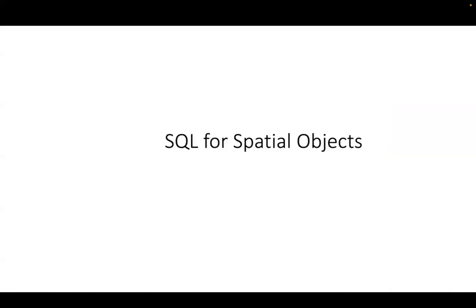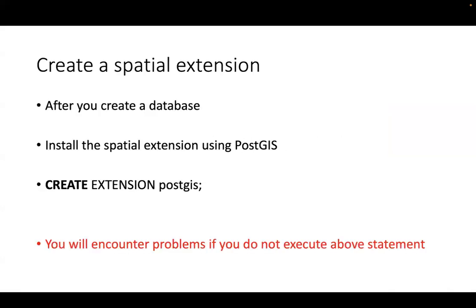Now let us see how we can use SQL to create spatial objects. First, the Postgres database by default does not support spatial queries. In order for Postgres to support spatial queries, you need to enable the extension called PostGIS.